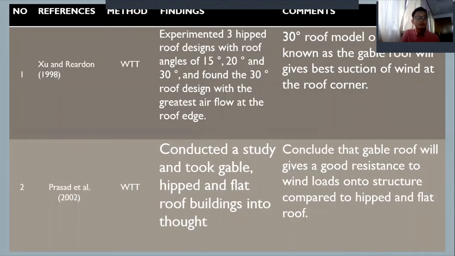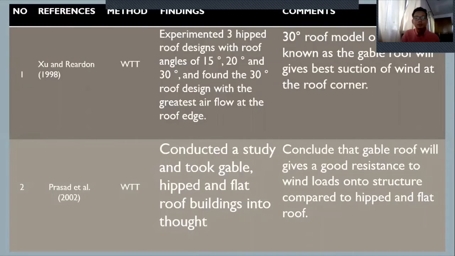For the literature review part, the first reference is by Zhu and Reardon in 1998 using the wind tunnel test method. They experimented with three hip roof designs with roof angles of 15, 20 and 30 degrees, and found that the 30 degree roof design will have the greatest airflow at the roof edge.